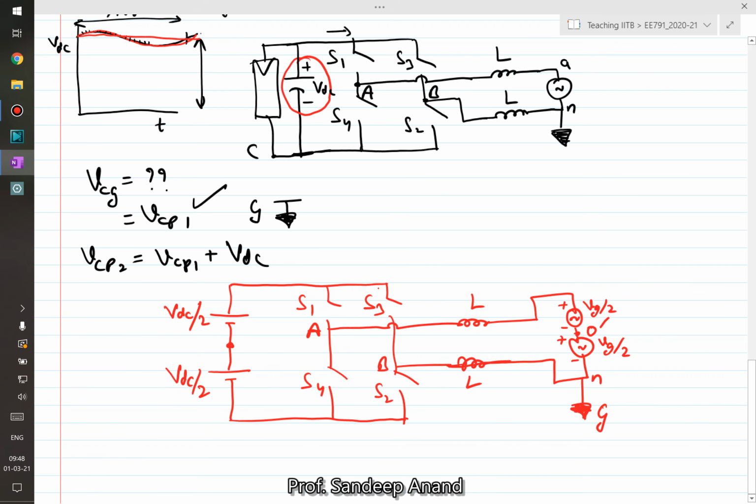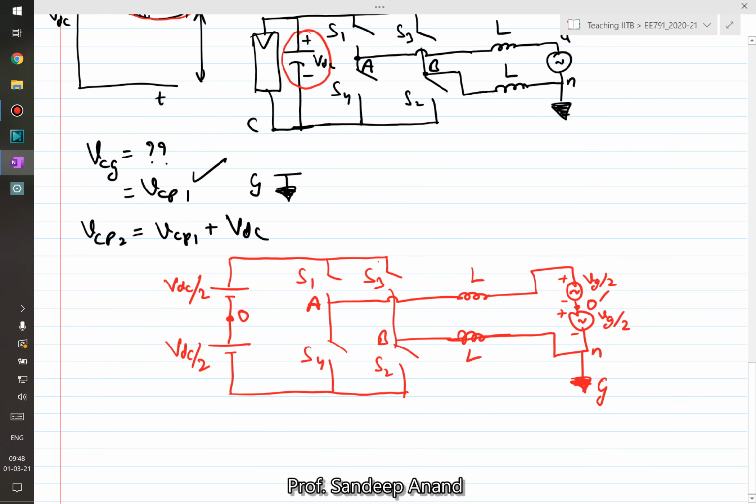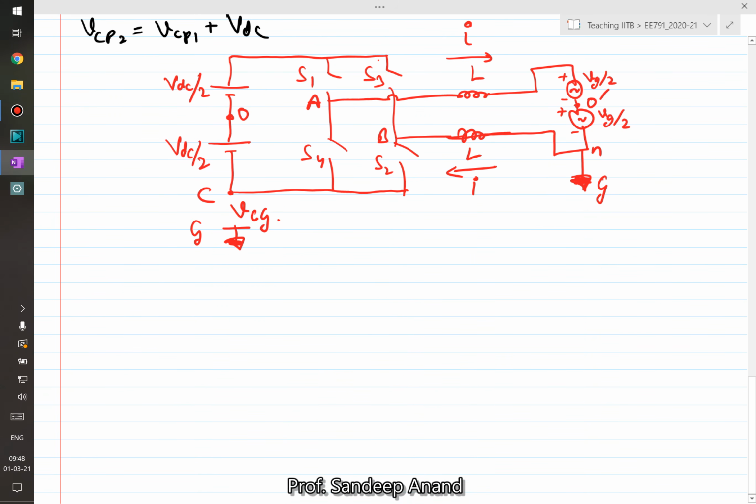Let me call this midpoint O. Again, this O is not connected anywhere, so it does not change the behavior of the circuit. It's only for simplifying our analysis. And this is the point C, and this is the point G, where we are interested in the voltage. Let's say this is the current flowing in this direction, and this is the current returning from it. Now let me start writing Kirchhoff's voltage law.